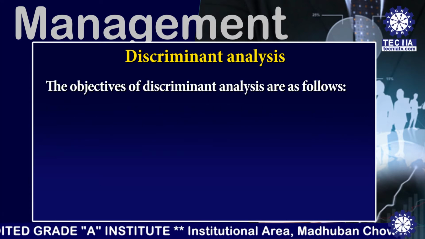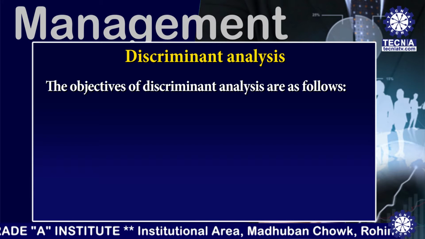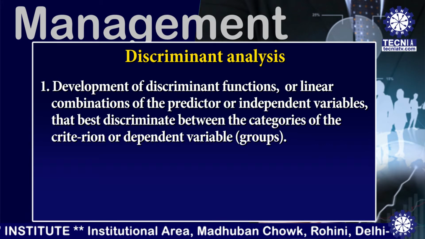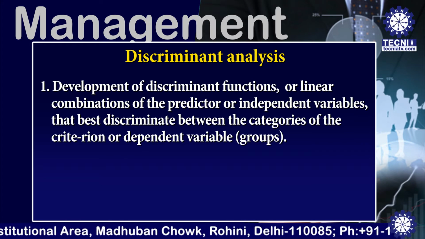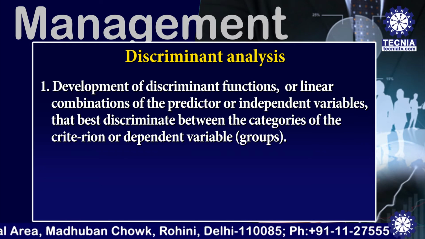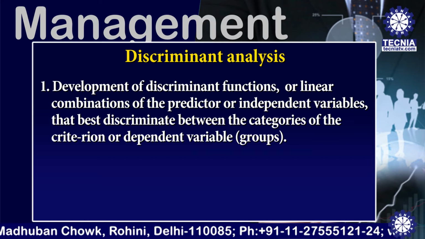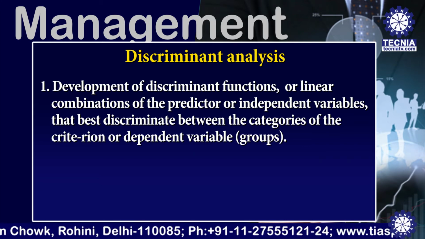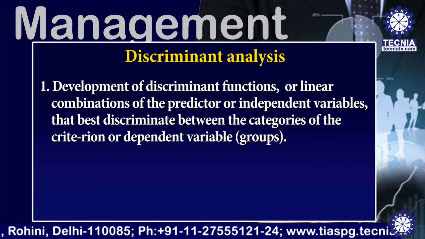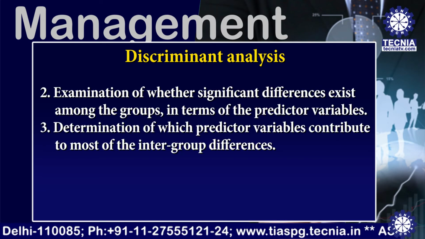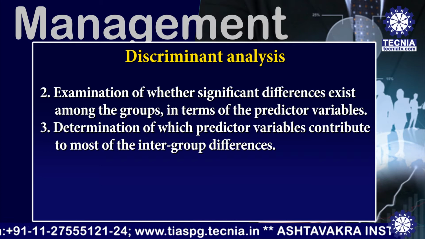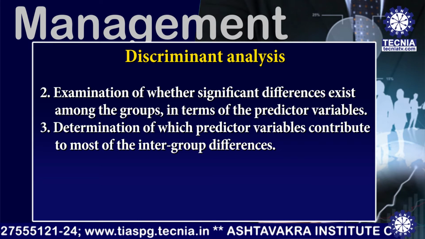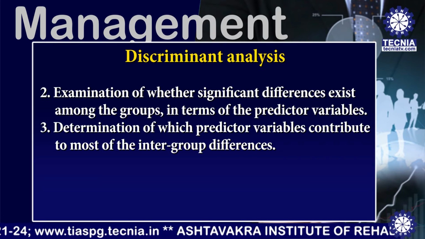The objectives of discriminant analysis are as follows. First one, development of discriminant functions or linear combinations of the predictor or independent variables that best discriminate between the categories of the criteria or dependent variable. Second one, examination of whether significant differences exist among the groups in terms of the predictor variables.